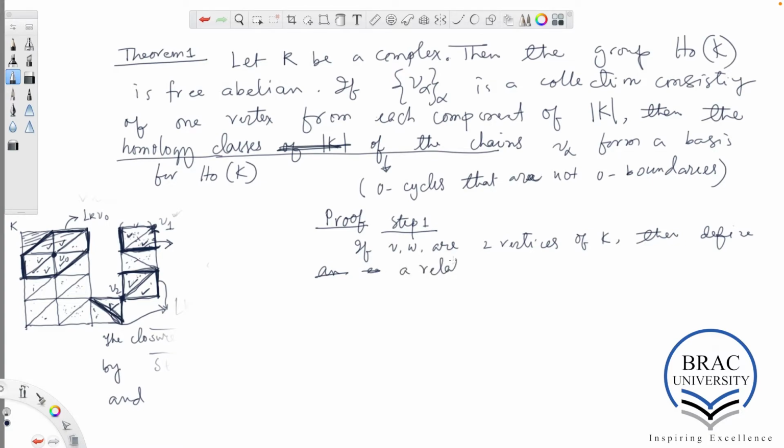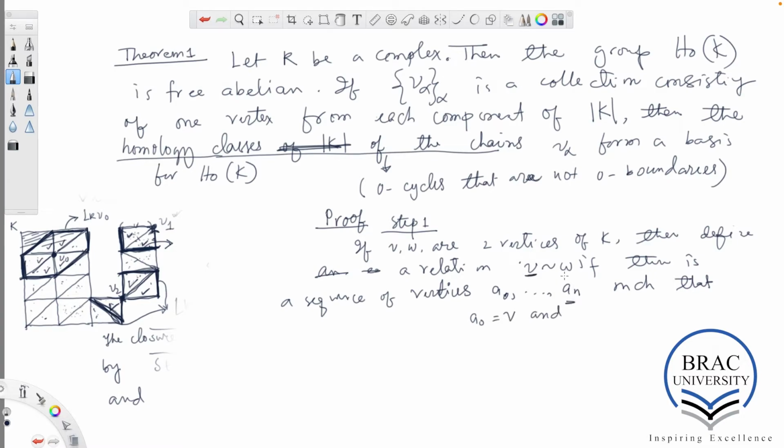Define V to be equivalent to W if there is a sequence of vertices A0 all the way up to An, such that A0 is the vertex V and An is the vertex W, and A_i A_(i+1) is a 1 simplex of K. Here i runs from 0, 1, 2 all the way up to n minus 1.